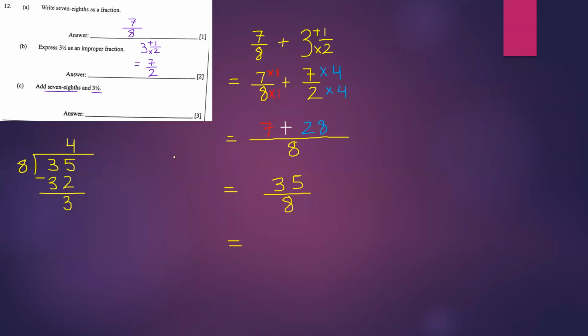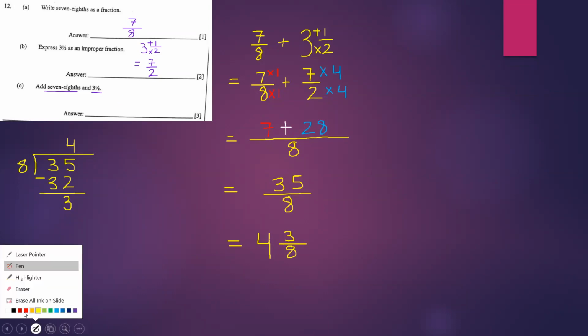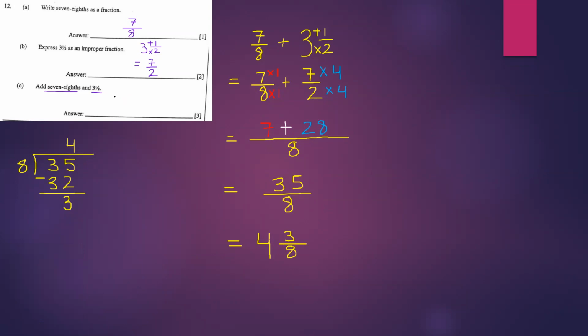And so we know that 4 is the whole number, 3 is the numerator, and 8 is the denominator. So the answer is 4 and 3/8.